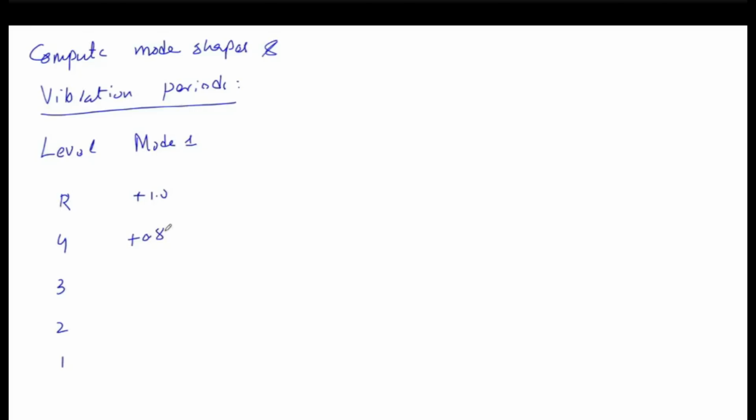So +1 at the roof level for mode 1, plus 0.882 here, plus 0.688 for the 3rd floor, plus 0.501 for the 2nd floor, and plus 0.286 for the 1st floor.